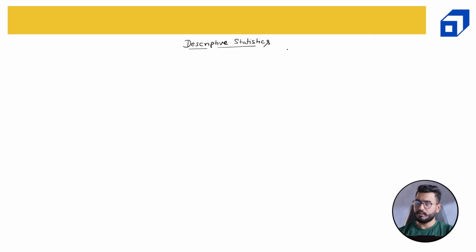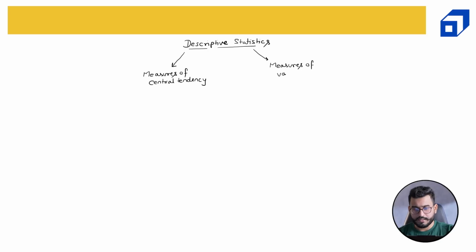As we already know that we have two measures: measures of central tendency, and then we have measures of variation. You can also say it is measures of variance or variation. To be in general English, we can call it as measures of variation.